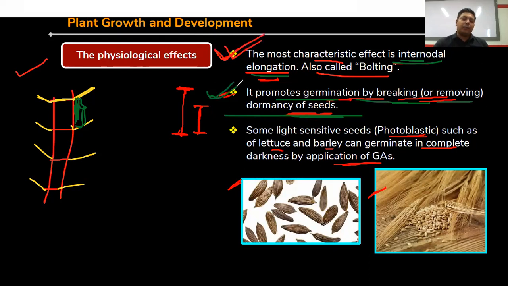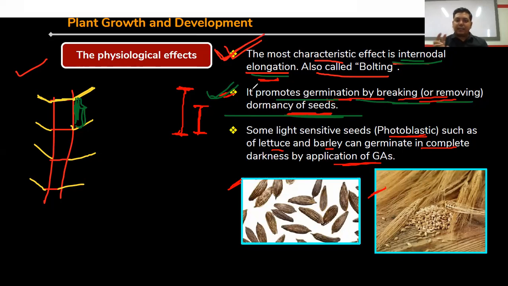This is the second most important function of gibberellic acid. That is, seed dormancy, or the seed sleeping condition, is broken by gibberellic acid. In the last class, you learned about seed dormancy. There are several mechanisms for breaking the dormancy of the seed or for seed germination. Now, this gibberellic acid is mainly involved in the seed dormancy breaking process.